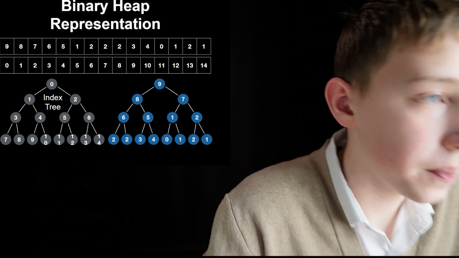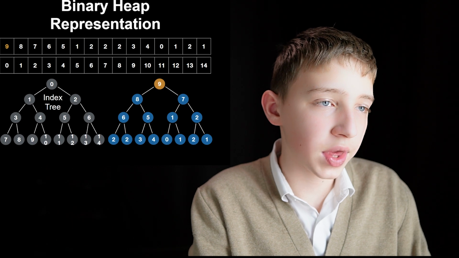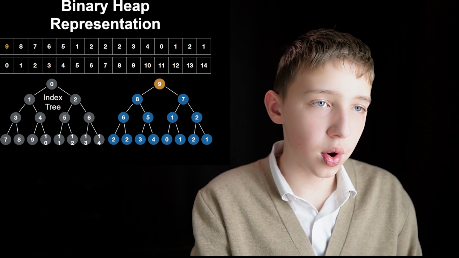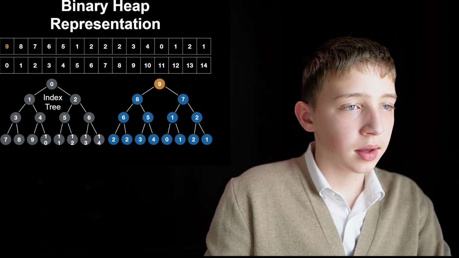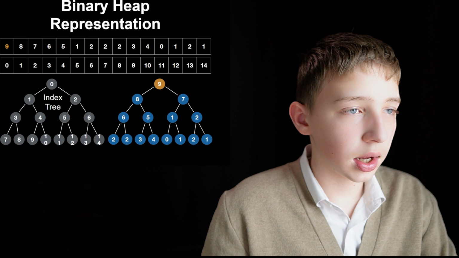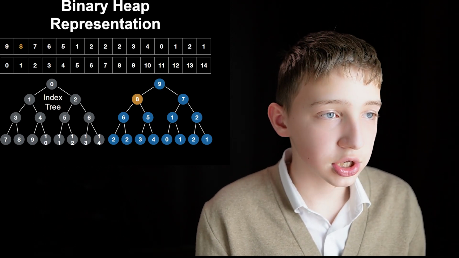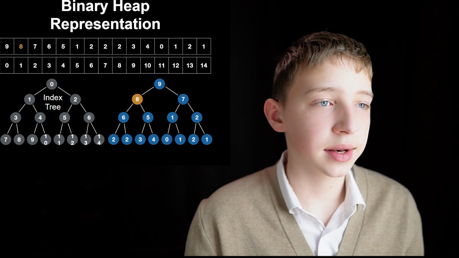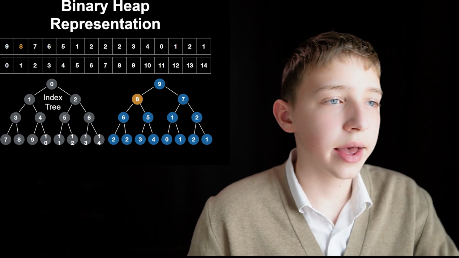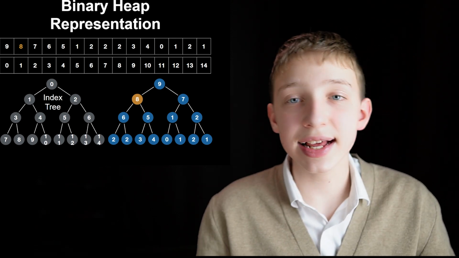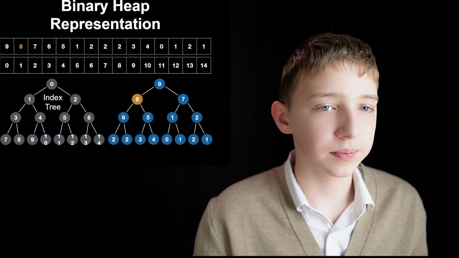Here in our tree, the element 9 is at index 0 in the heap, so the maximum is always at the top. For example, the element 8 is at the first index, and 7 is at the second, and in this way we can assign an index to every element.